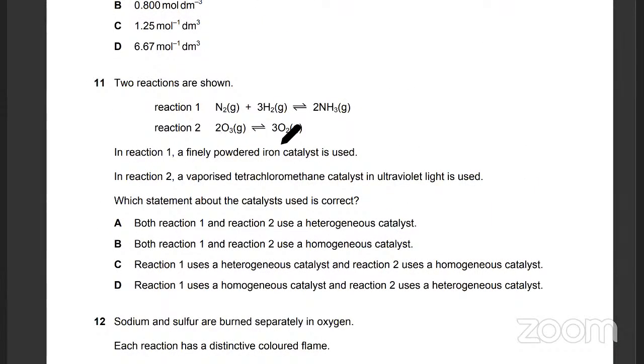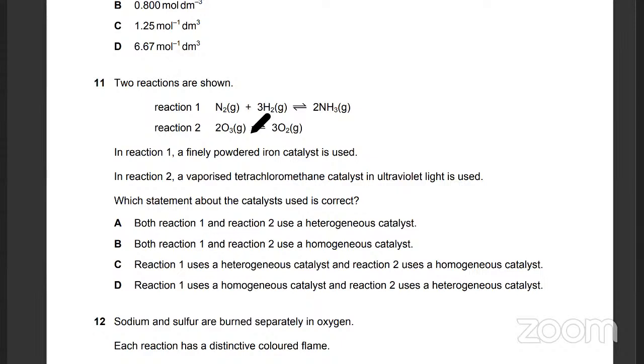First do this one. A finely powdered iron catalyst is used in the Haber process, and a vaporized tetrachloromethane catalyst in ultraviolet light is used for ozone depletion. Which statement about the catalysts used is correct? Both use a heterogeneous catalyst. Is that true? No. For the Haber process that is true, the iron catalyst is a solid.